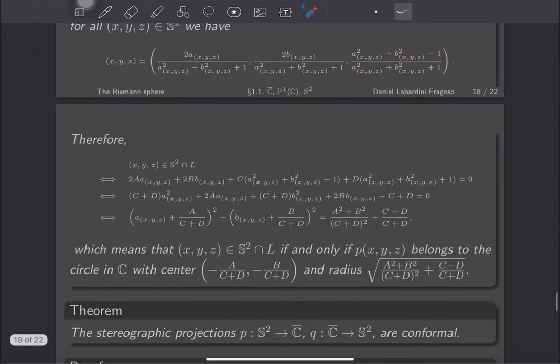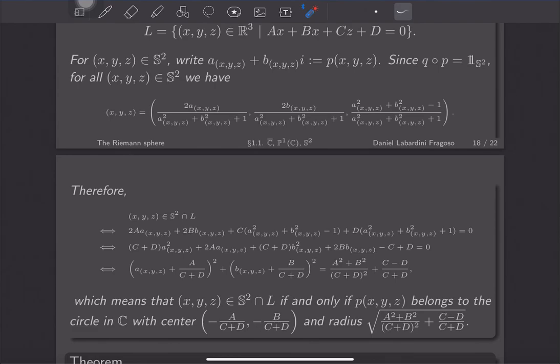And then you realize that your point is also on the plane if and only if it satisfies the equation defining the plane.